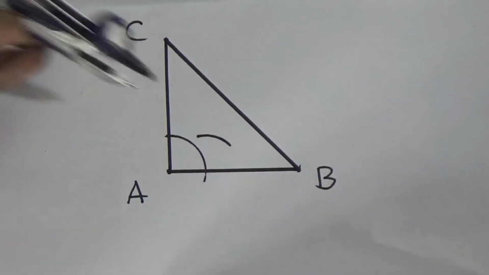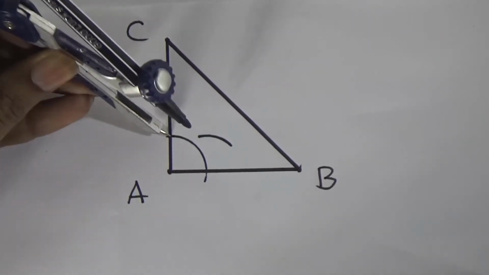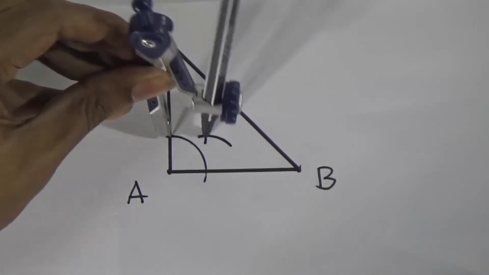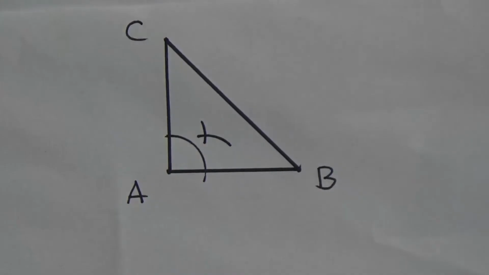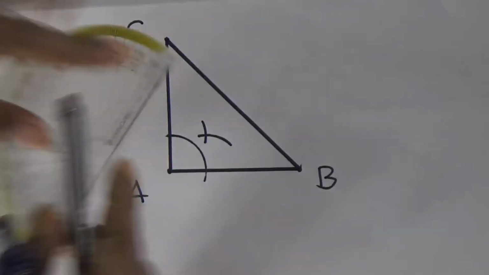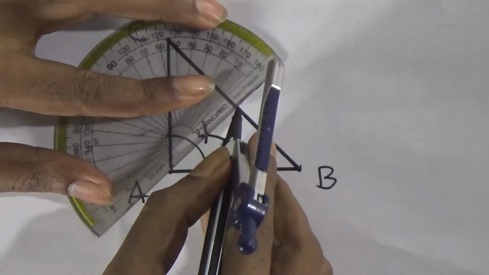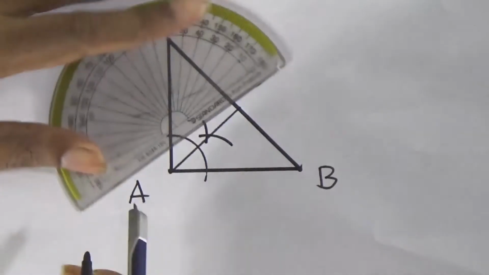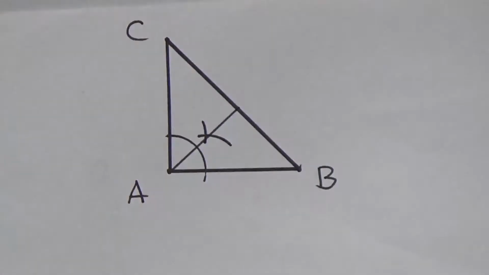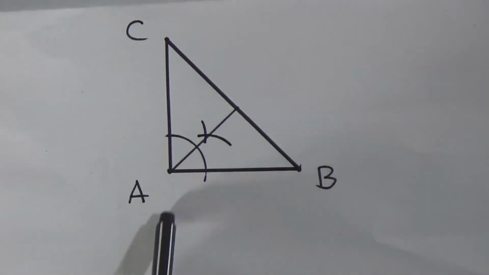Similarly, from here, draw another arc. Now you see, the angle A is bisected here.